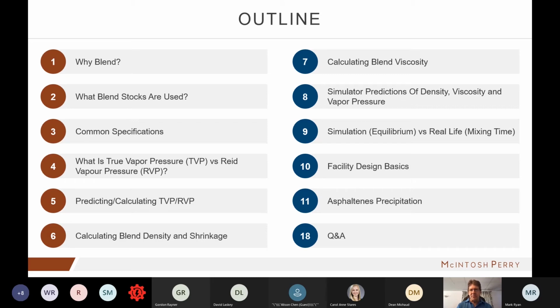Then as we calculate those things, there are manual methods that we can use. We can also use simulation software. So we talk a little bit about how that compares. We're going to do facility design basics right at the end. You see that these facilities are not very complex, but calculations are maybe a bit tricky. And then finally, we're going to talk about asphaltene precipitation, and then we'll wrap it up.